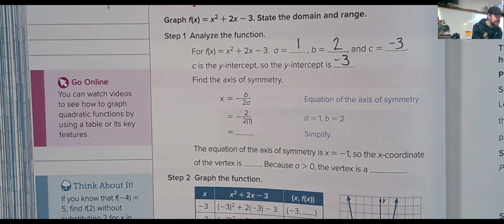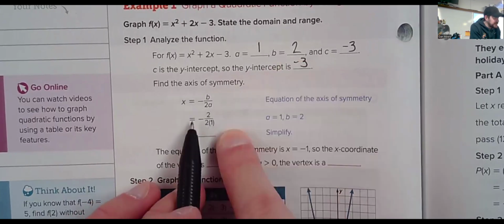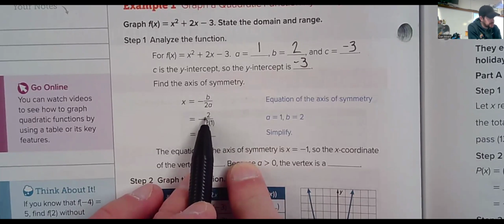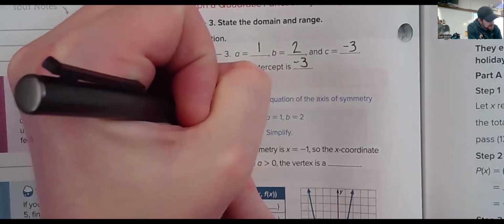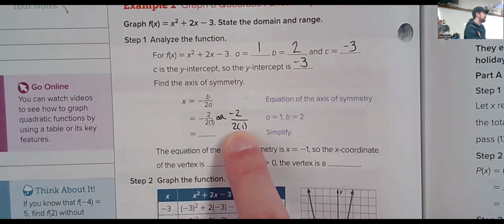And if you take the opposite of b, since b is 2, the opposite of b would be -2. Now the negative can go off to the side. It can also go on the numerator as well. So if you want to do this, or -2 over 2 times 1. This is probably how I would write it. I put the negative on the numerator as opposed to just off to the side.